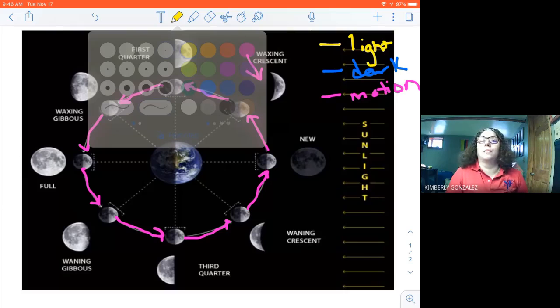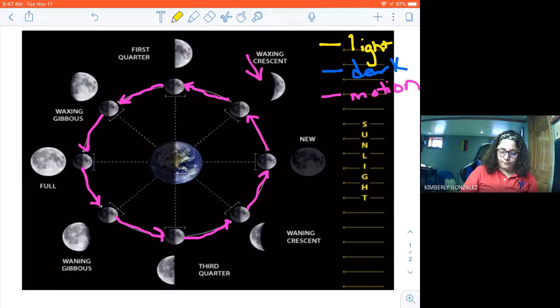Don't assume that every time I give you a diagram and ask where's the new moon, it's always going to be the one to the right. You can assume, however, that it's always going to be directly in between the sunlight and the earth.